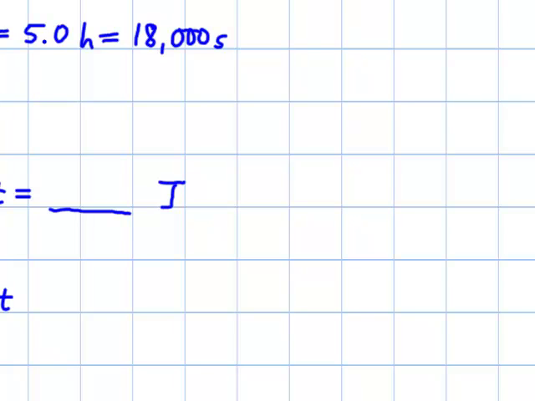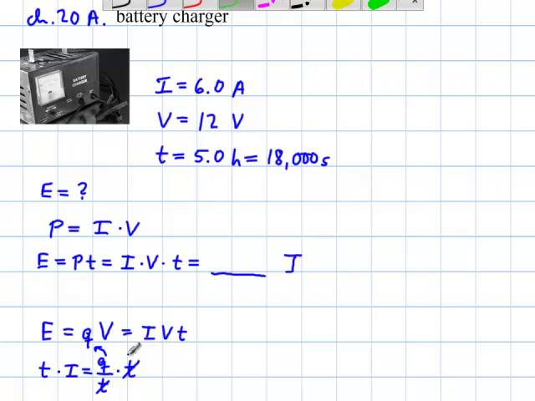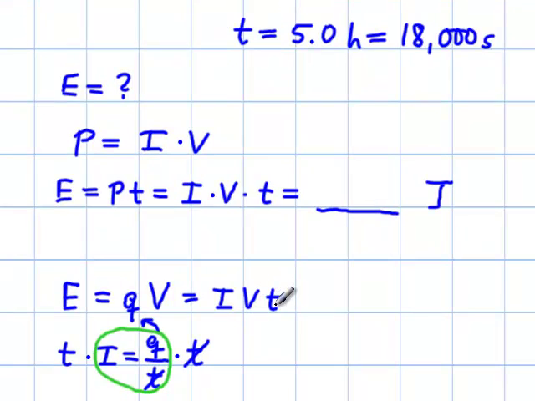Because they don't give us the charge, but we know that electric current is charge per time, I just multiply that by time on both sides, so that time divides out and I can substitute the charge, and I come up with the same thing. I substitute electric current times time and come up with electric current times voltage times time. So the equation that is needed can be arrived at in two different ways.